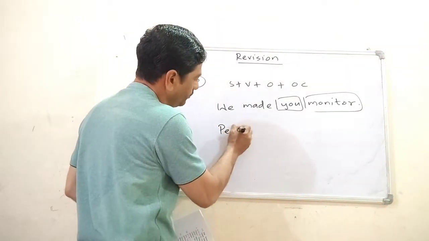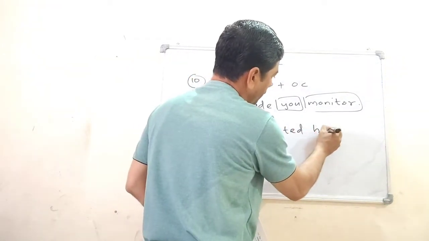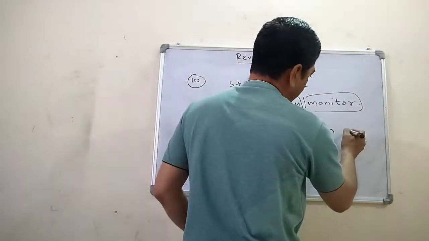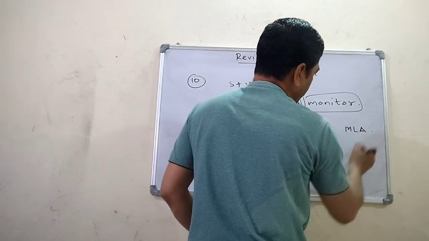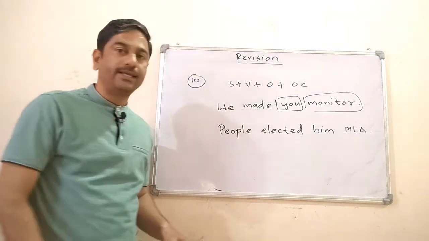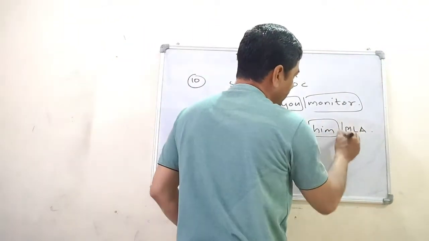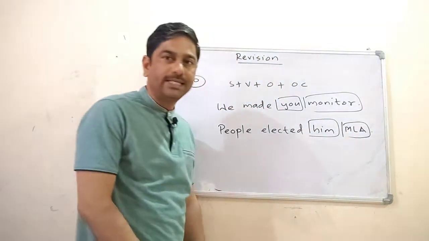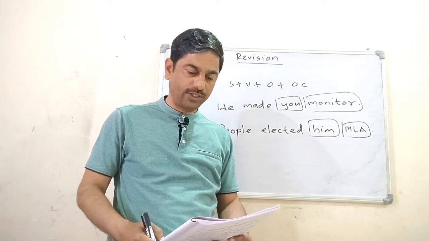People elected him MLA. So here him is object and MLA is object complement.